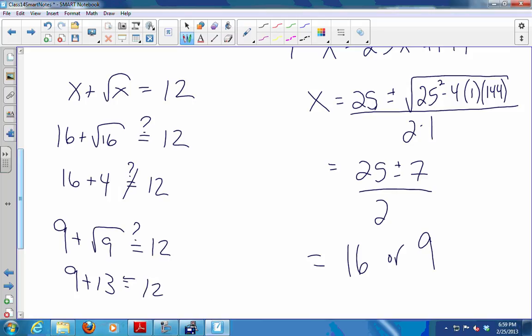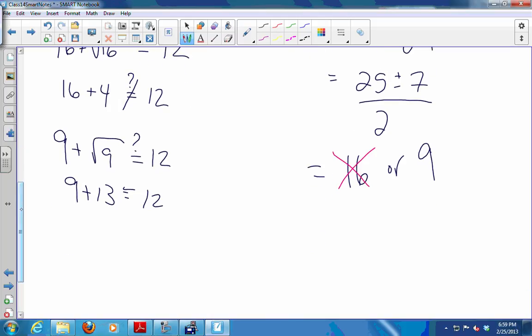Check. Okay, so 16, it turns out, is a fake solution. We call it an extraneous solution. Extraneous, with root word being extra, right? An extra solution. Throw it away. 9 is our only real solution.